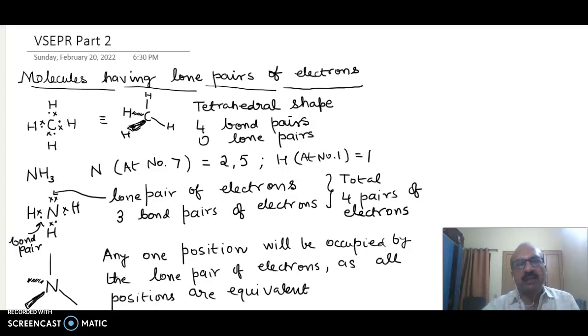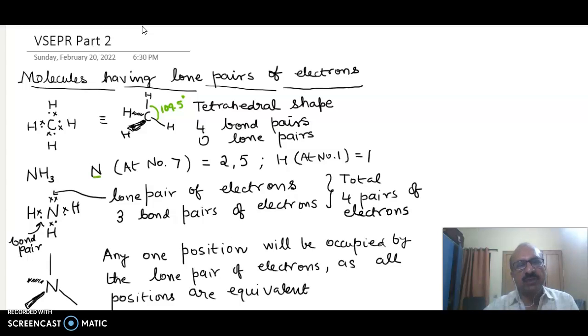There are no lone pairs of electrons, and it's a pretty simple case where the bond angle is 109.5 degree.